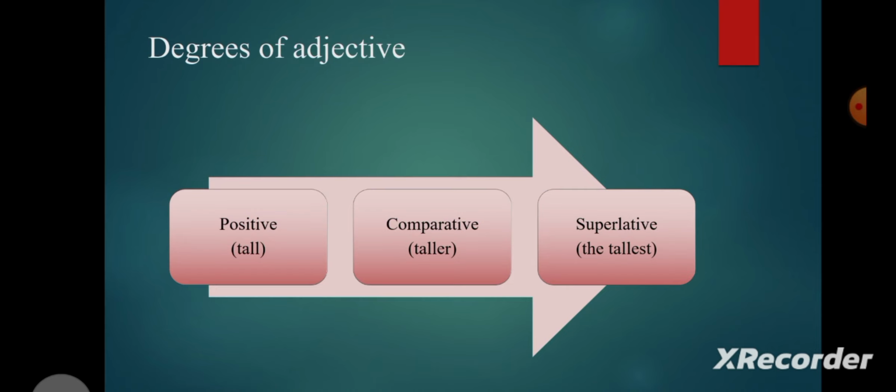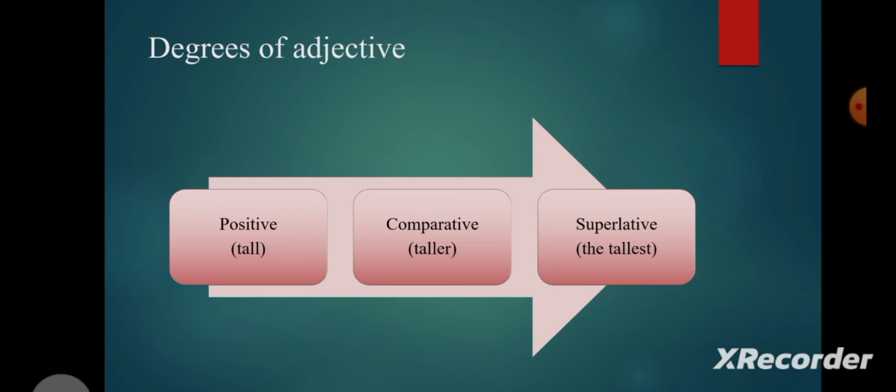Comparative degree. The comparative degree shows a higher or lower quality of an adjective and it is used to compare two things, two persons. As I wrote tall in positive degree, I'll add er with tall and it will become comparative degree as taller.